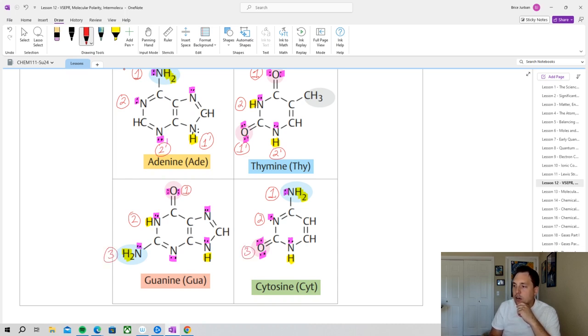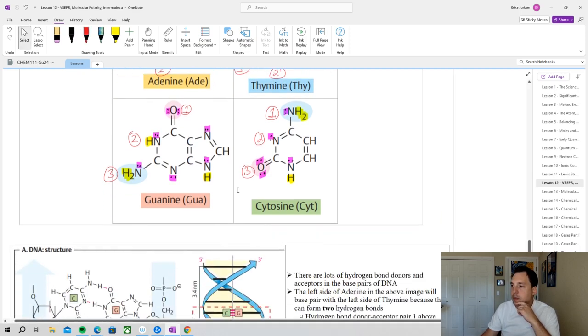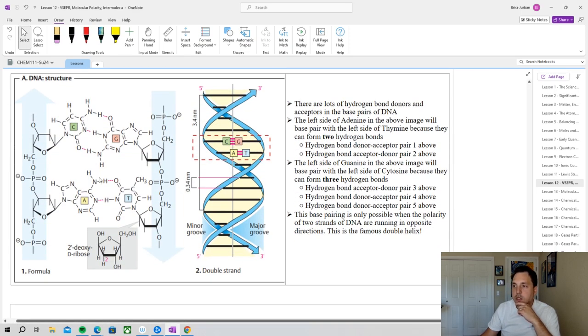And I believe there are also some alternate pairing situations for guanine and cytosine. And we can see that there's a hydrogen bond acceptor and a donor on the bottom portion of guanine. And there is one hydrogen bond donor over here. So there could be some alternate base pairing as well. But we can see the most common ones listed in this image here.